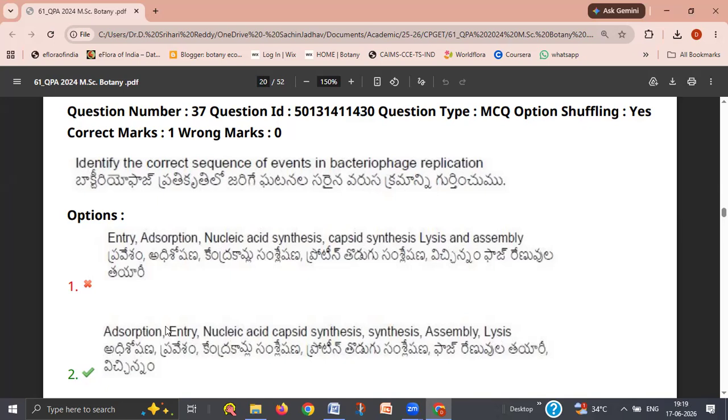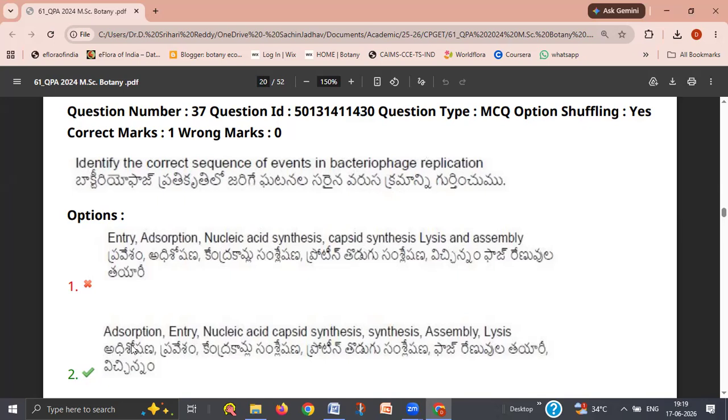These are the sequence of events which take place when the bacteriophage infects the bacteria and the replication of the bacteriophage occurs. Bacteriophage is a virus. Its replication occurs within the bacteria. When the bacteriophage infects the bacteria, the replication occurs within the bacteria.